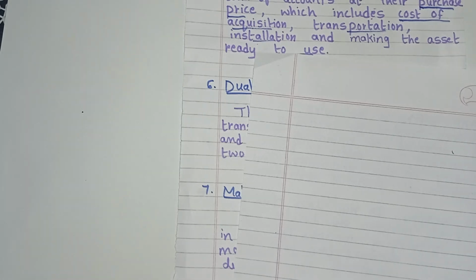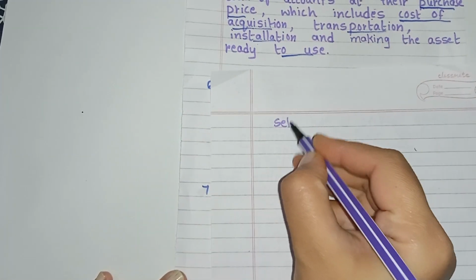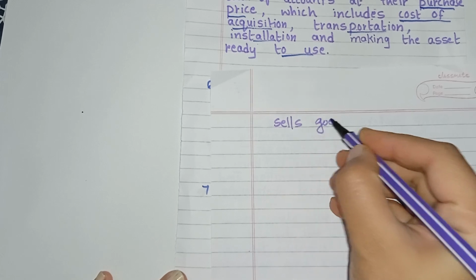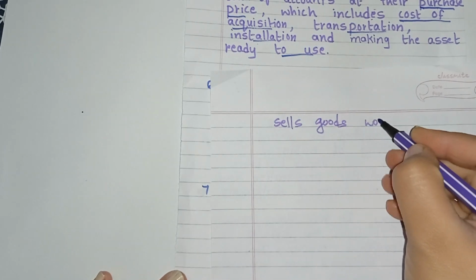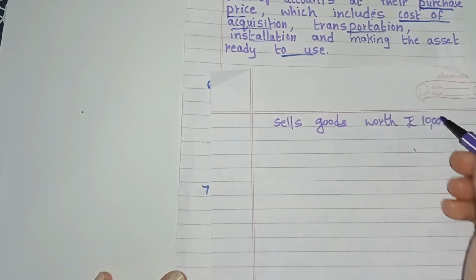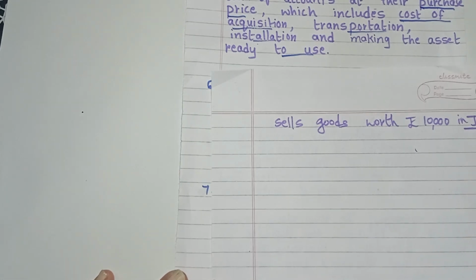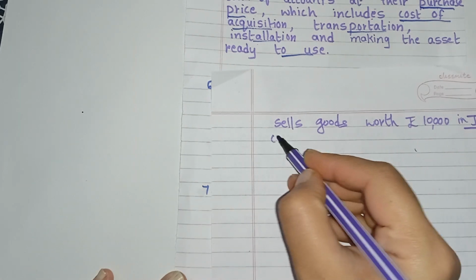A company sells goods worth rupees 10,000 in January. And the cost of purchasing these goods was rupees 6,000.